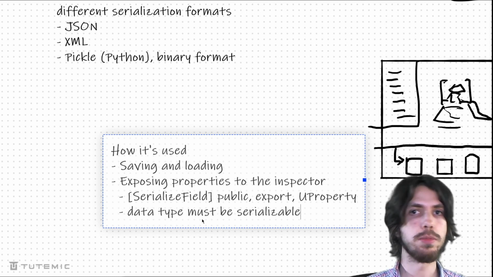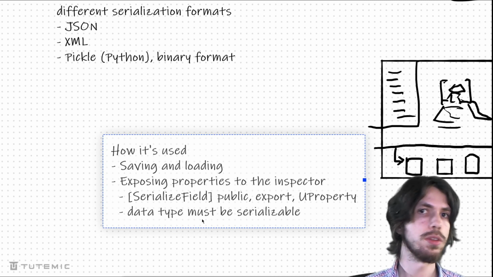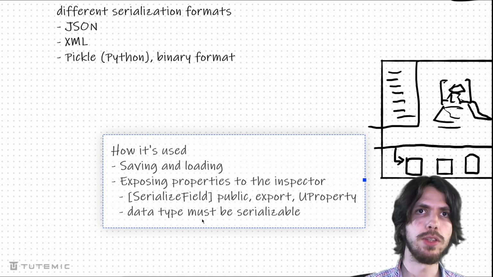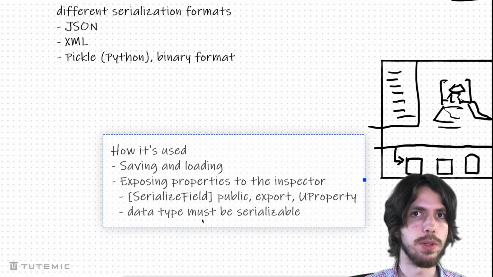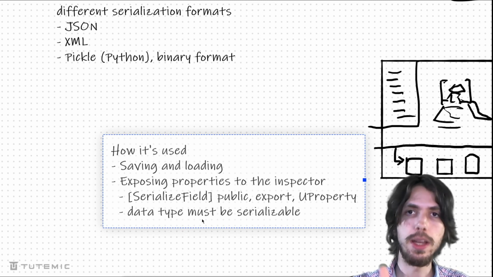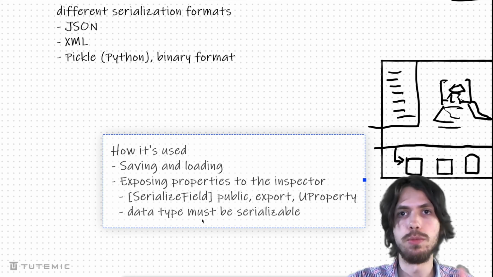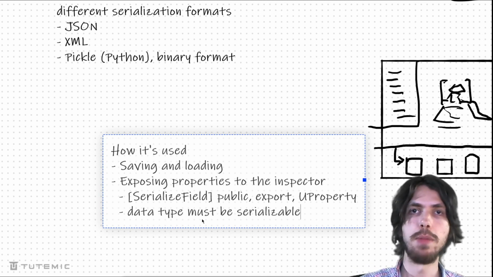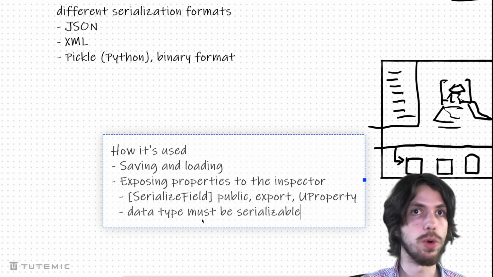Now, of course, the primitive types like integers and floats and strings, those are usually serializable. And when I say serializable, I don't mean that the data type is just somehow natively serializable. It just means that the game engine has its way of recognizing, understanding, and writing it to the scene file. That's all that it really means, or to be able to be serialized for other reasons. And that's just something that's built into the game engine or not.